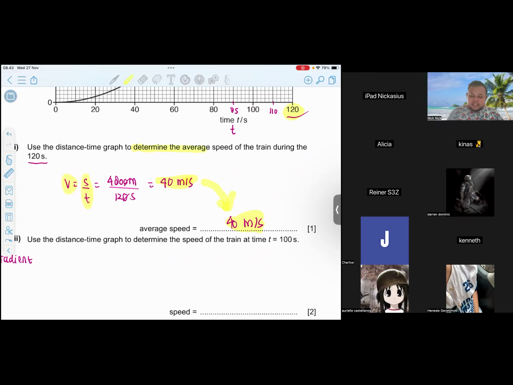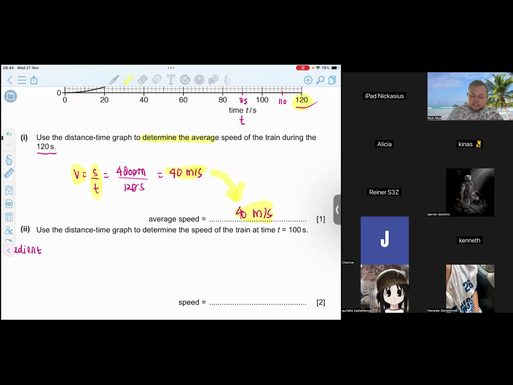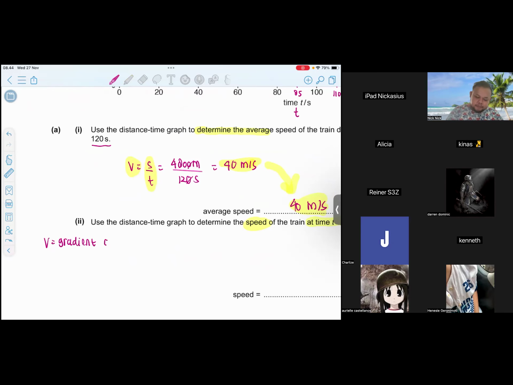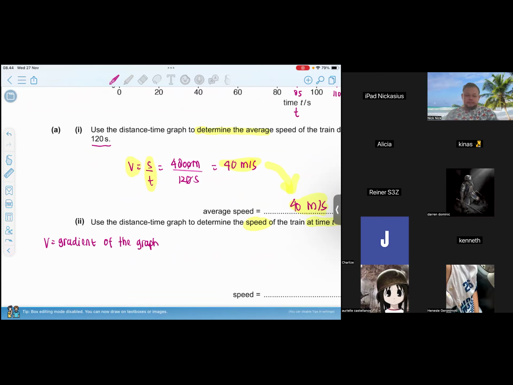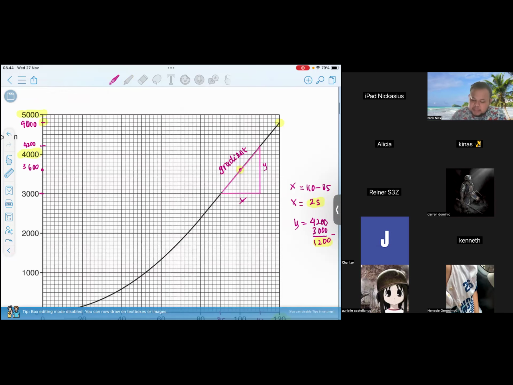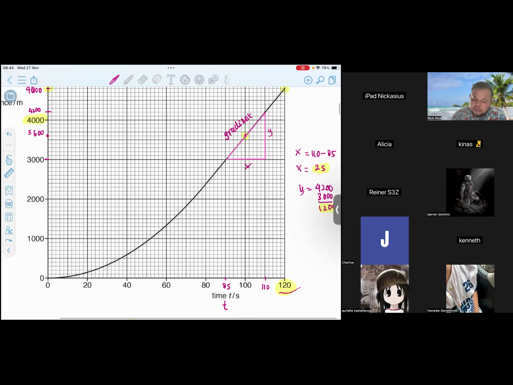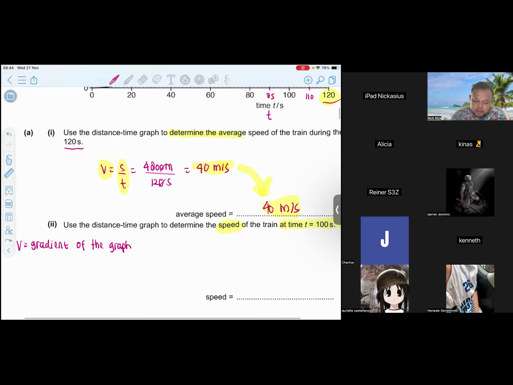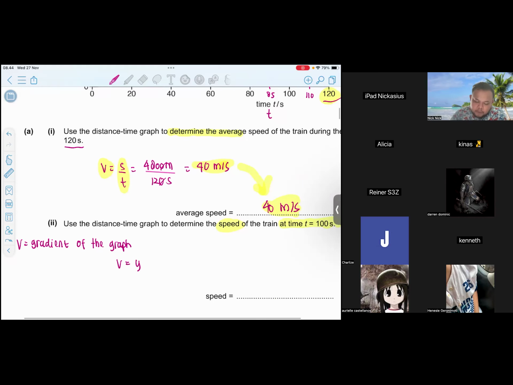But to find the speed at a certain time, we use the gradient of the graph, the gradient of the graph passing through 100 seconds. So we make an easy triangle here, and then we find the y and we find the x. So the gradient is y over x.